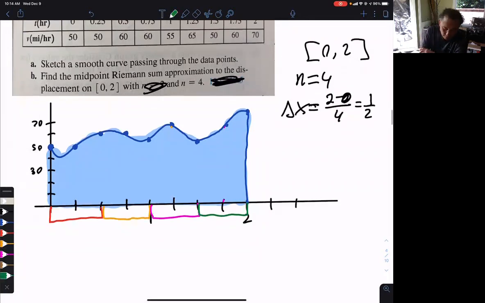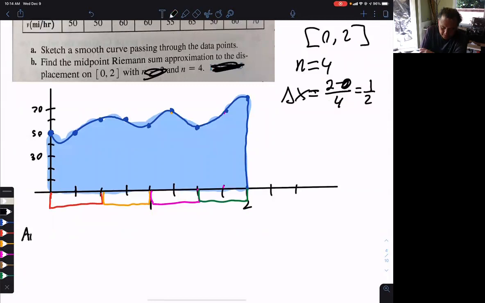So what is a midpoint? I will show you. I'm going to take the midpoint of the first one. There is the midpoint. That's the middle of the first rectangle. So I'm going to find the y value at that point, and that's going to be the top of my rectangle. So what is the height of that? The height is right there, which is the value of the function at, and by the way, this is 0.25.